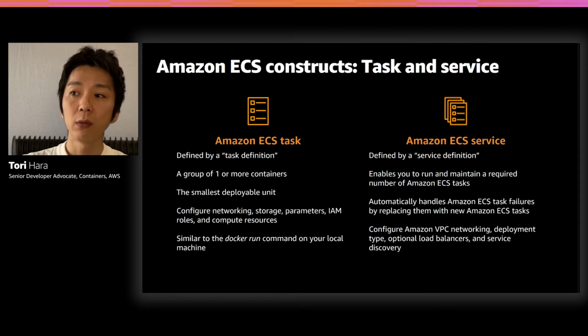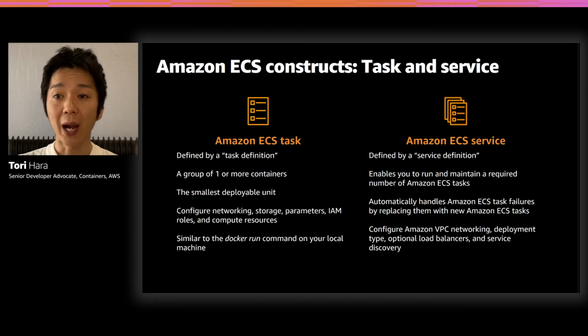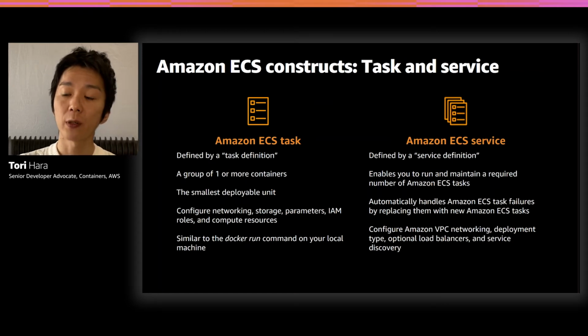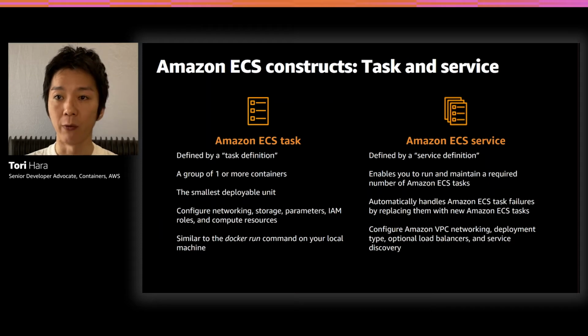For example, an Apache HTTP container and a Tomcat container can be packed into one ECS task. You define how you want to structure your tasks by writing a task definition, which includes container definitions and other configurations for containers to run, such as networking, storage, and compute resources.